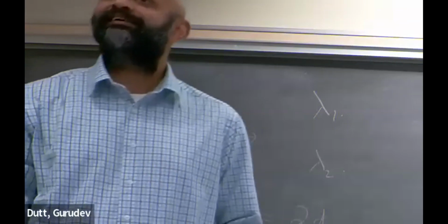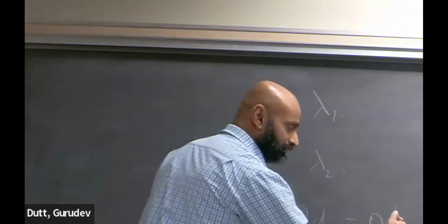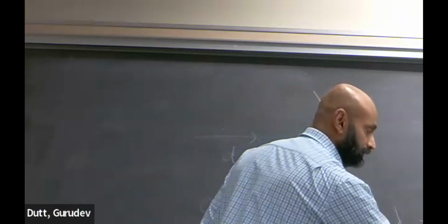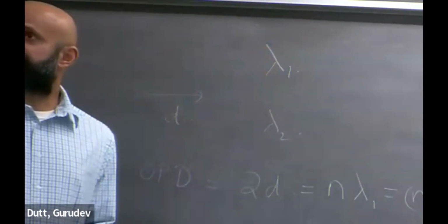Exactly. So that must be equal to n times lambda 1. And at the same time, I've said n plus 1 fringes moved by for lambda 2. Therefore, this must also be equal to n plus 1 times lambda 2. Everyone good with this?